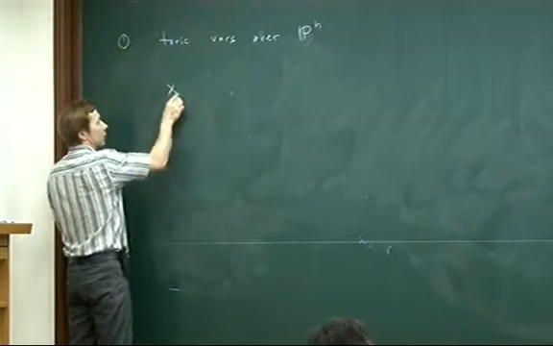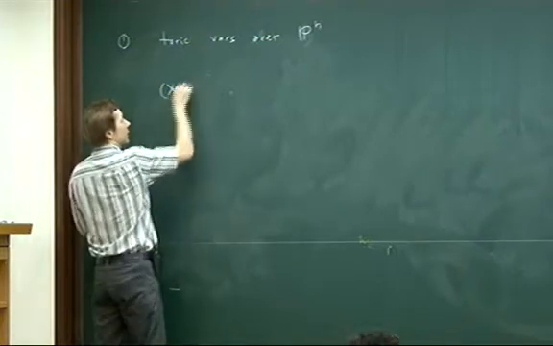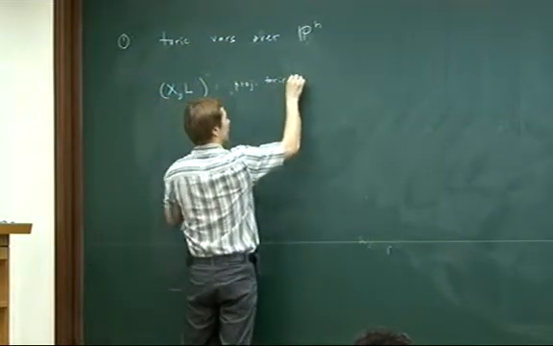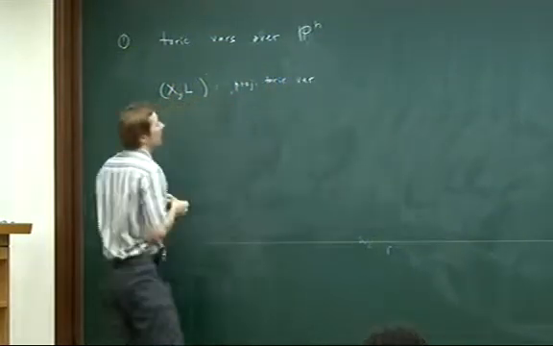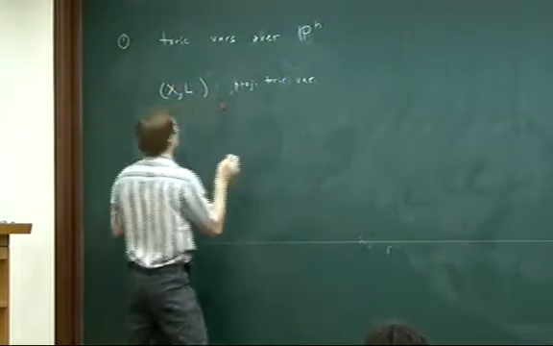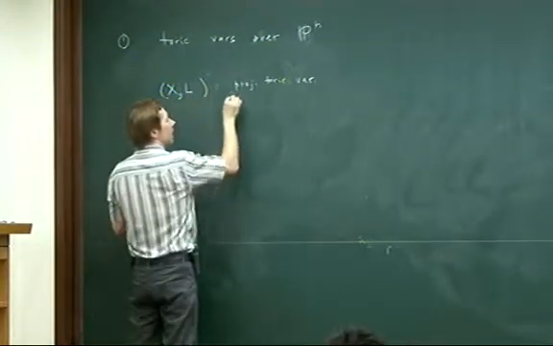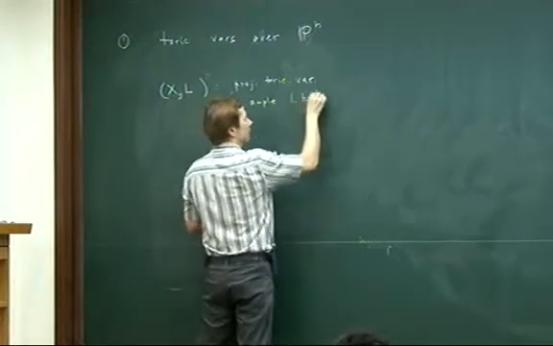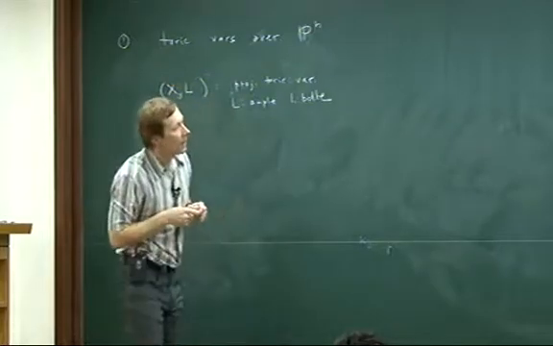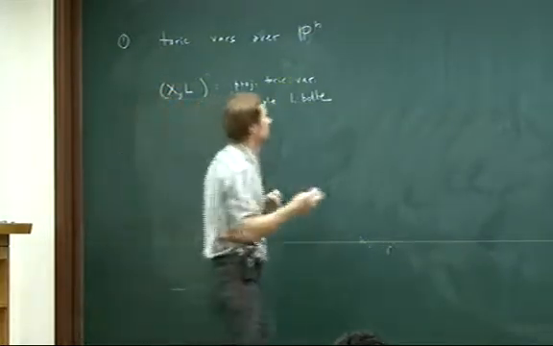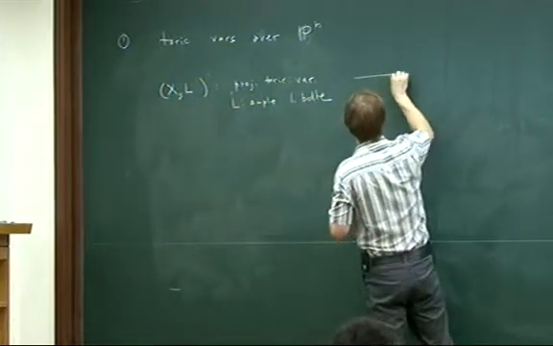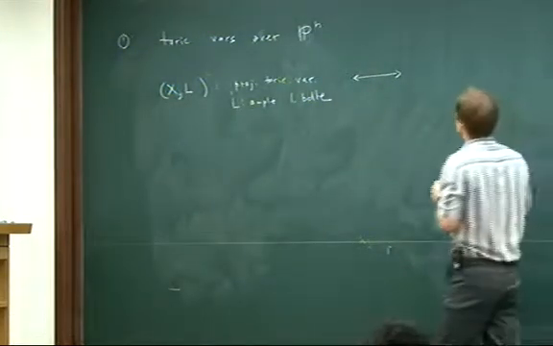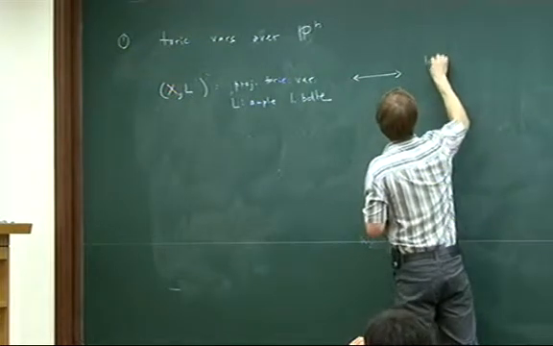So let's say X is a toric variety, (X, L) is a projective toric variety, and L is an ample line bundle. Then an object like this is almost the same thing as a lattice polytope.